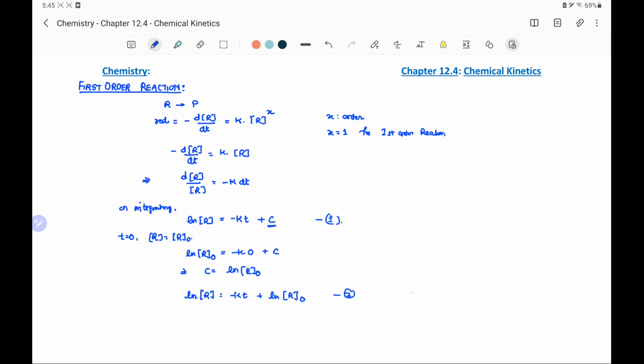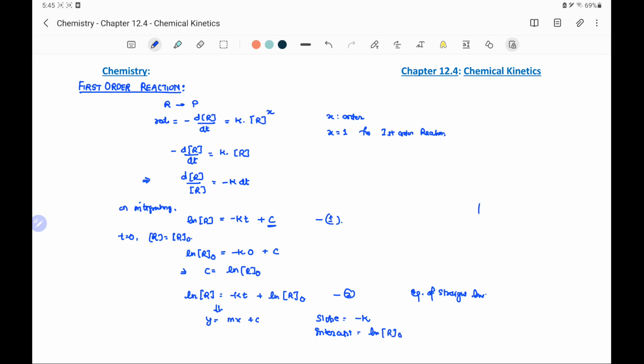This equation is the equation of a straight line. If we compare equation number 2 with the equation of a line, that is y equal to mx plus c, then the slope of the line will be equal to minus k and the intercept will be ln R0 on the ln R axis, that is the y axis.